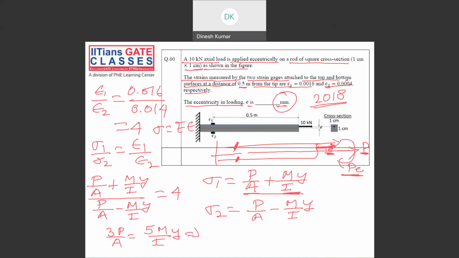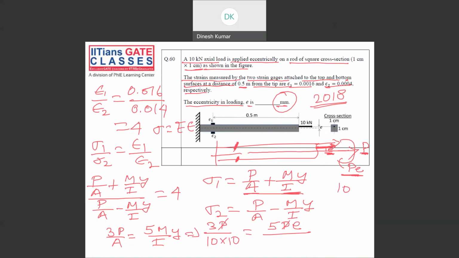So here write 3P. I will not substitute the P value because you will see this will cancel. Now area: it is given 1 centimeter by 1 centimeter, so it is nothing but 10 into 10. Now 5, what is the moment? It will be P into E. So this P got cancelled. Now what is the inertia, guys? It's a square cross section.